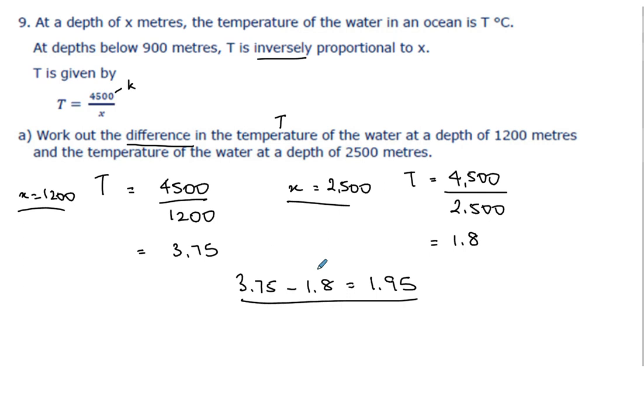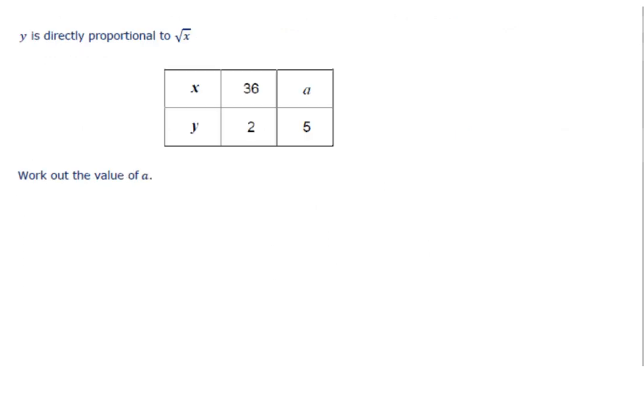All right, back to direct proportion. y is directly proportional to the square root of x. So again, let's write it. y is k times the square root of x. They give us the values of x and y here, so we can find k.